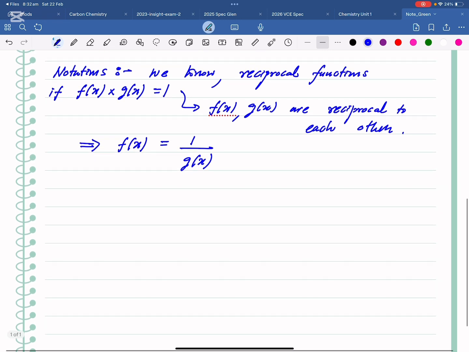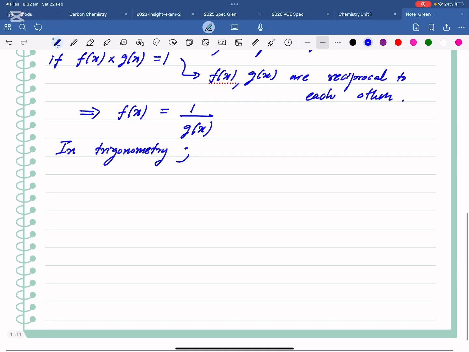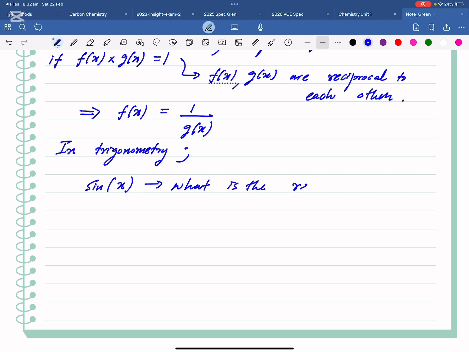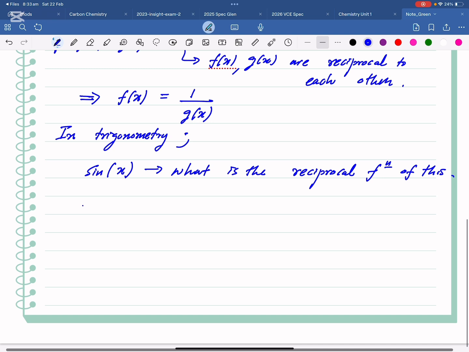Now when it comes to trigonometry, we'll see how this works. We know sin x function, or sin alpha, doesn't matter. What would be the reciprocal function of this?